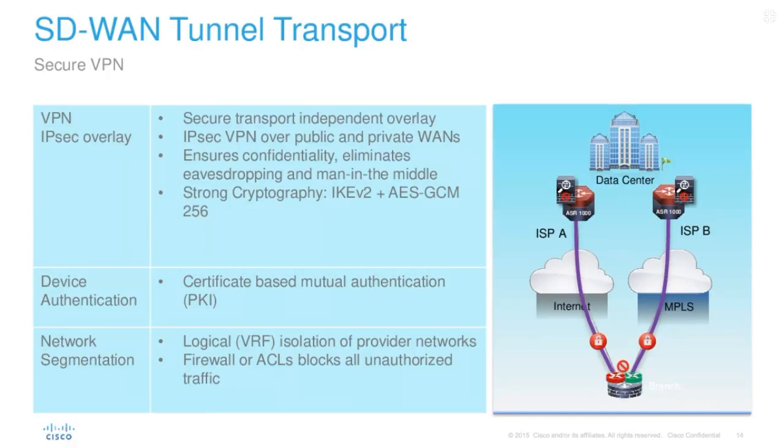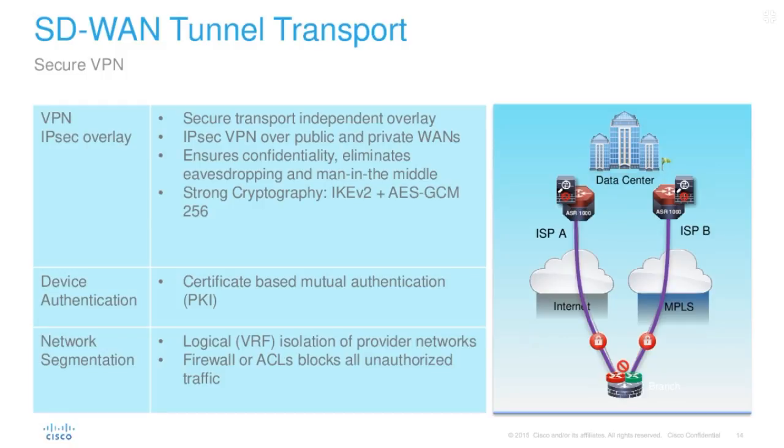That's really the only stuff we're doing. And this tends to be really no different from the wide area network architectures we've been deploying for quite some time. You want very strong device authentication here, in particular using a PKI with certificates to authenticate all of these routers, whether they're physical or virtual.